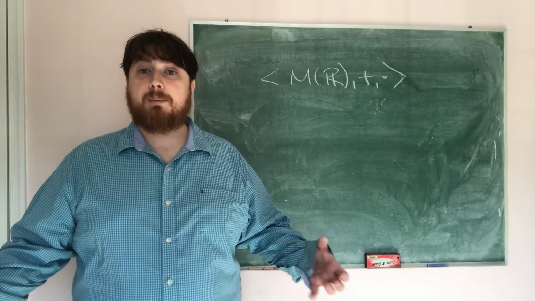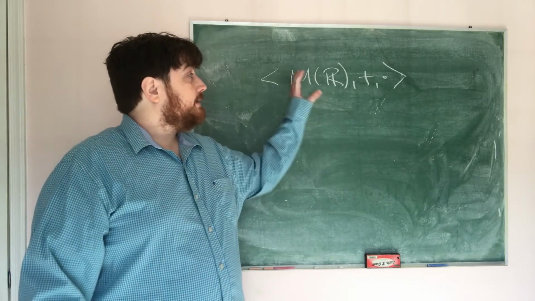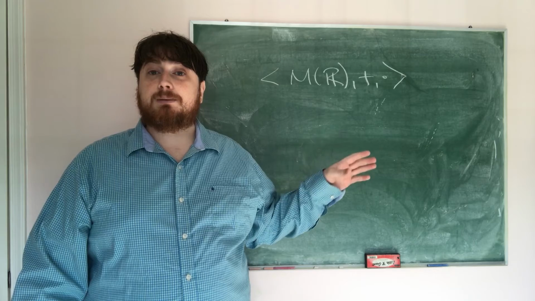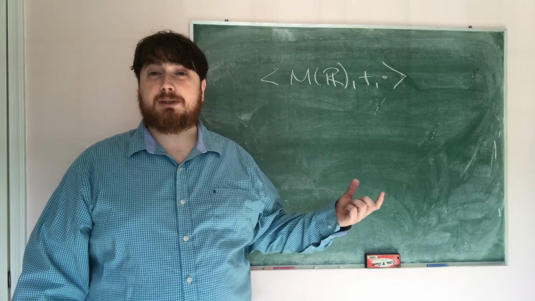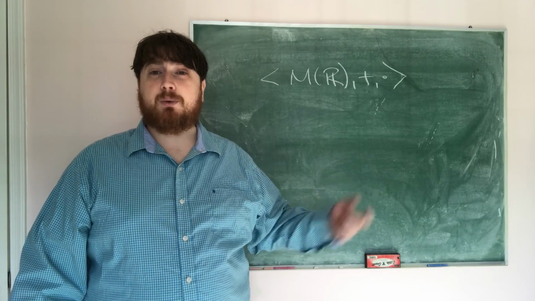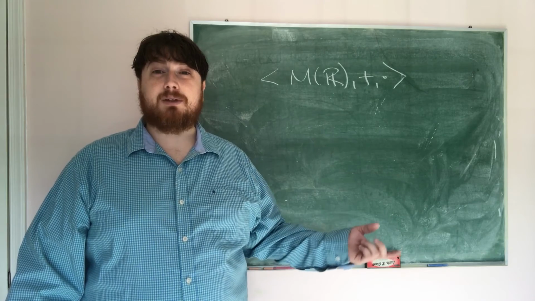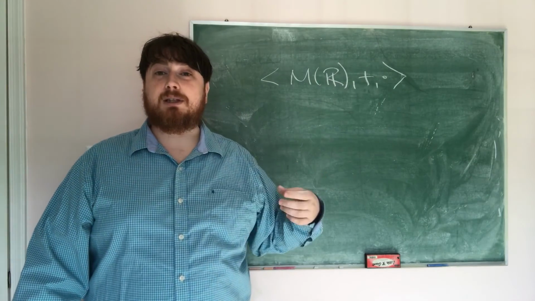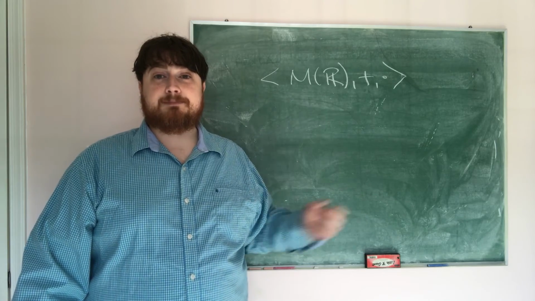So now just to recap everything we've done, we showed that the set of mappings on real numbers under addition was, well, the addition was an operation, it was associative, it was commutative, there were identities, and there were inverses. So we get that the set of mappings of real numbers under addition is indeed an abelian group.